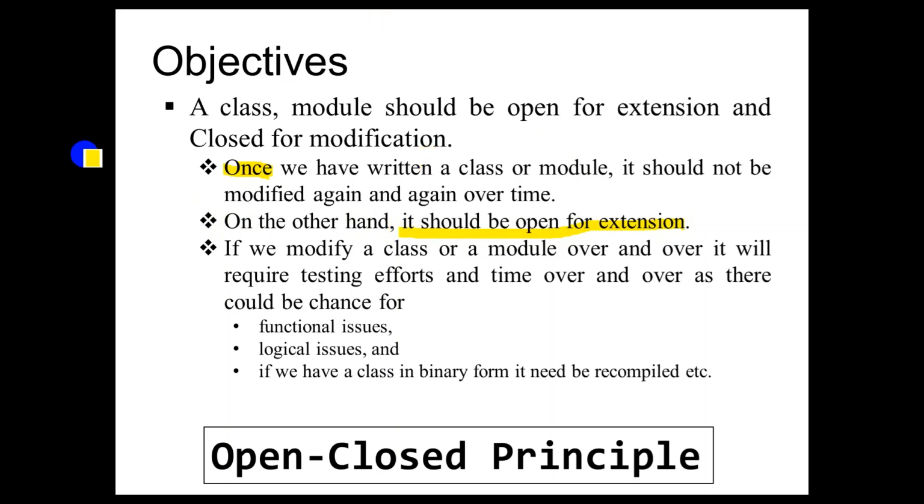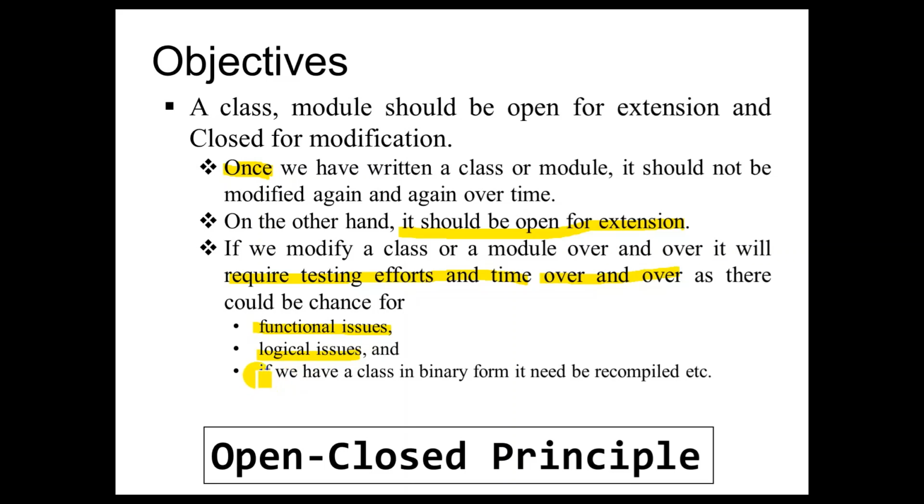Why it should be like this, you can look at the third point. If we modify a class or a module over and over, it will require testing effort and time over and over. So you can say it will cost time and money. Why? Because it may cause functional issues, logical issues, and some other issues also.